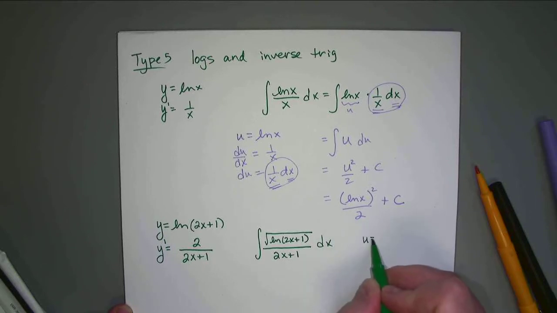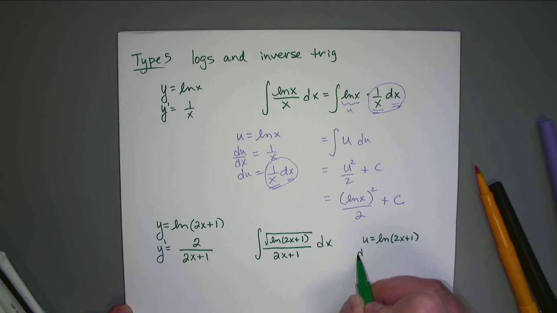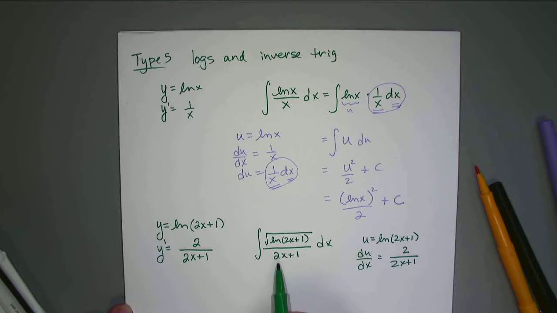You would call u the ln, the whole ln, of 2x plus 1. The derivative of 2x plus 1 is 2. And if you look over here, let's rewrite it.